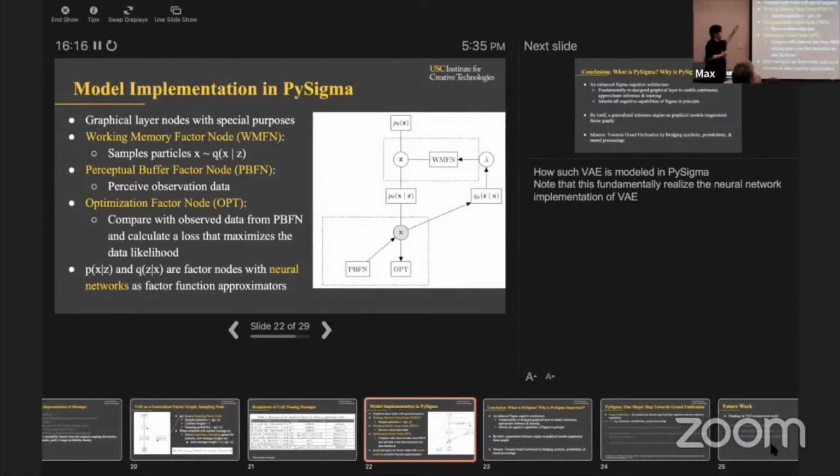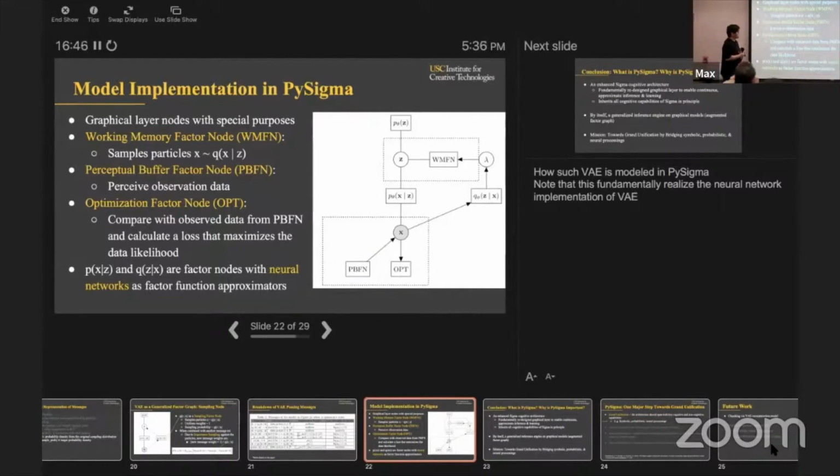There are a few special cognitive nodes used here for the modeling of the VAE. The first is a working memory factor node, and in this case it is exactly the sampling node that we just showed. The perceptual buffer factor node, PBFN, is responsible for perceiving the observation data. The optimization factor node compares the observed data with the messages coming out of x to calculate the loss function that maximizes the data likelihood.